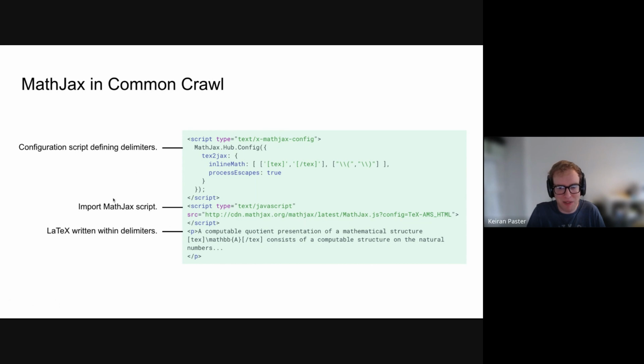It might be buried within some other arbitrary URL, or in some other file they import it. Sometimes they don't have this configuration, etc. So it's a bit of a challenge to figure out, when do documents actually have LaTeX in them? When are delimiters actually supposed to represent MathJax delimiters?